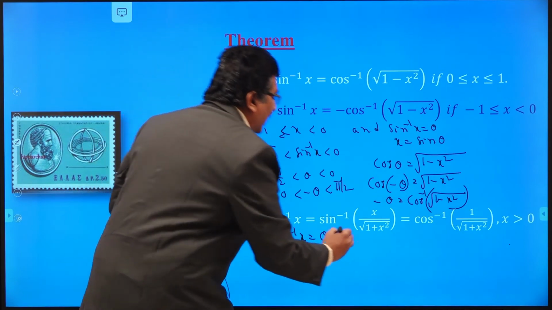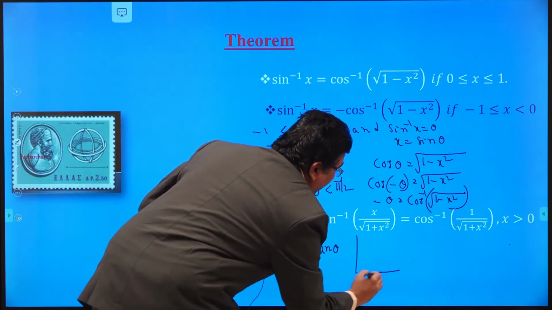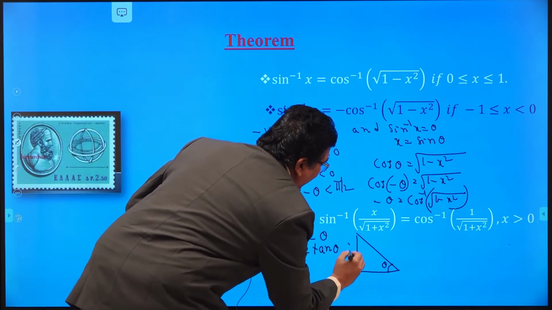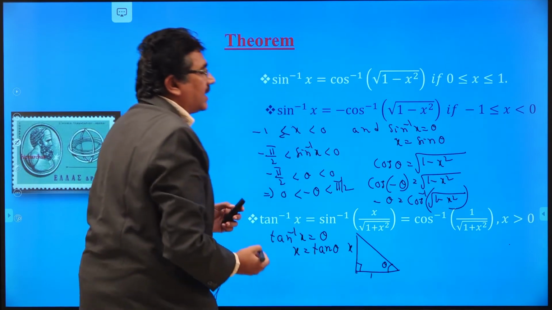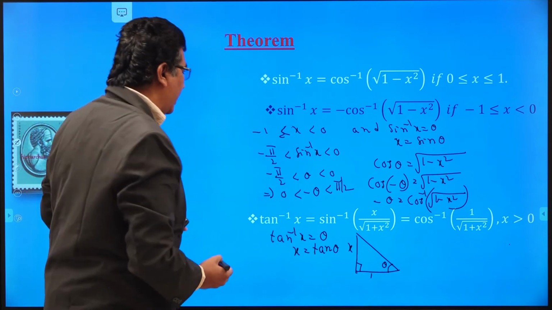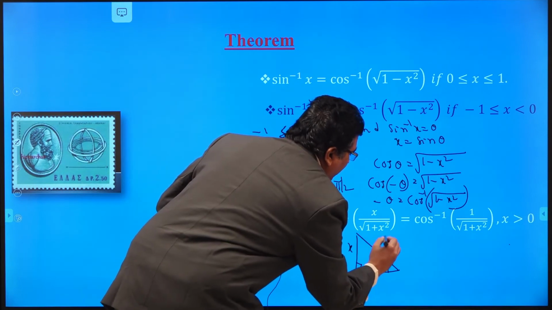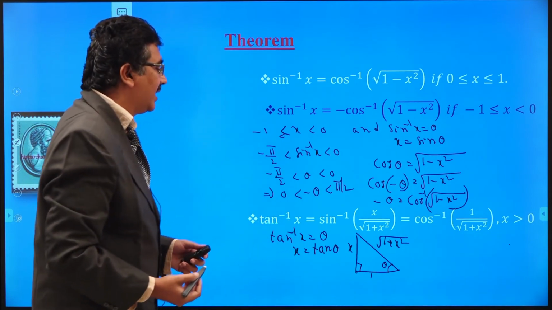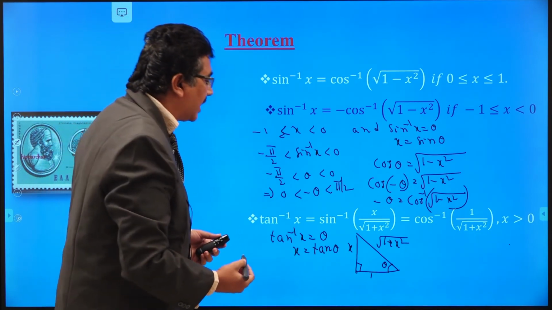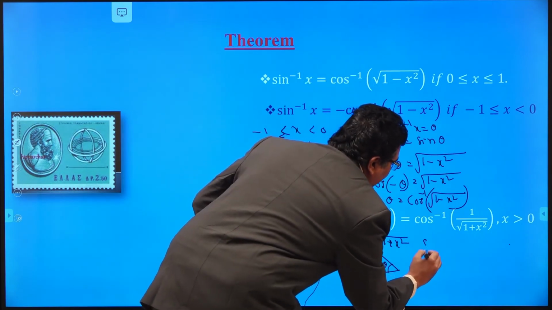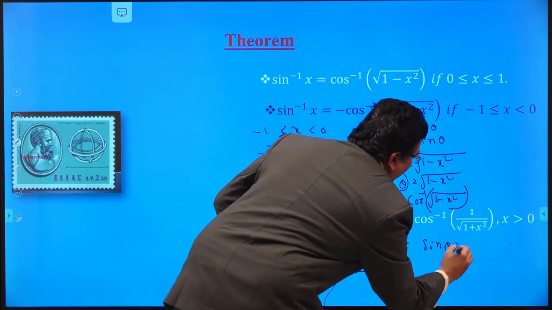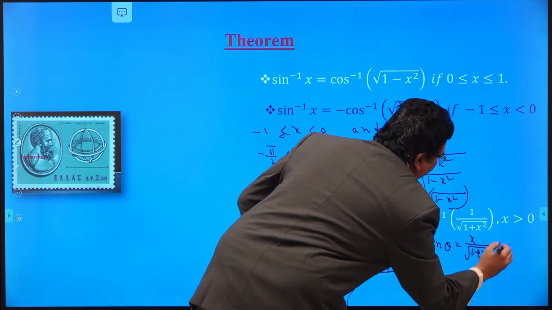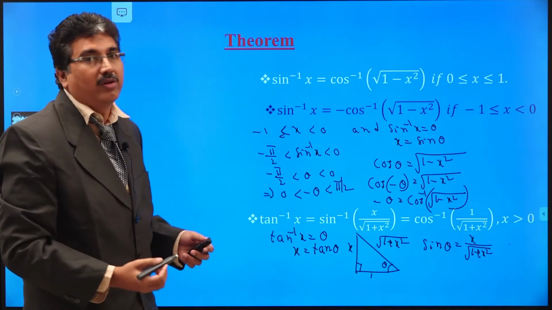Consider a right angled triangle. This is theta, and tan theta is opposite side by adjacent side. Now the hypotenuse is square root of 1 plus x square. From this right angled triangle, sin theta is equal to x by square root of 1 plus x square, opposite side by hypotenuse.